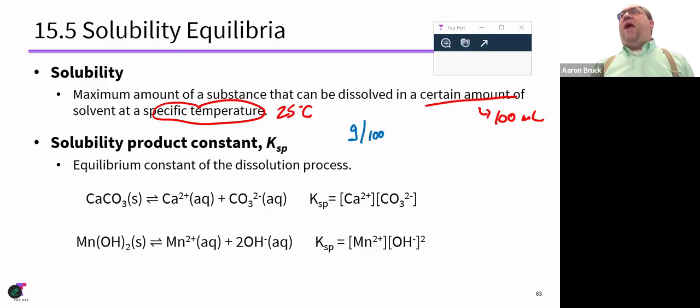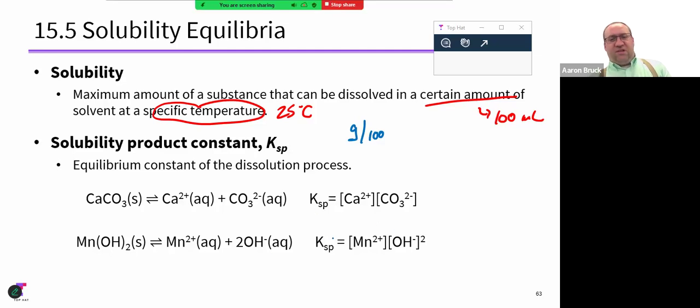This is known as Ksp. And Ksp follows an equilibrium very similar to the ones that you've seen in other places. The only difference is that since we are talking about a solid as one of the reactants, that solid does not show up in the equilibrium expression.